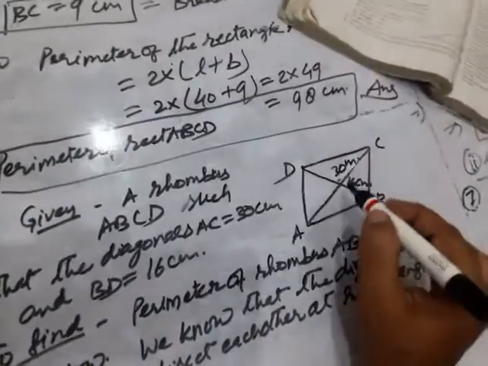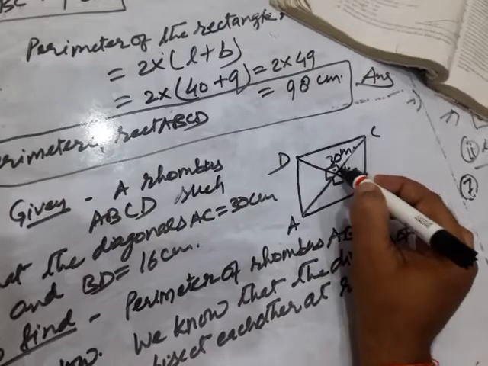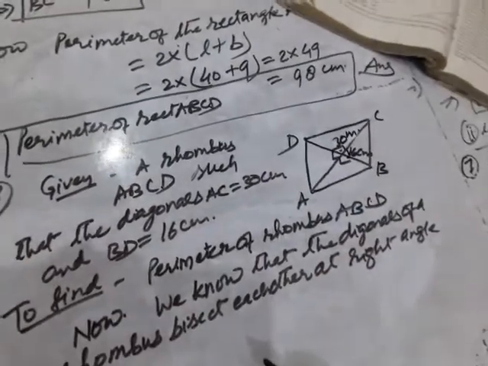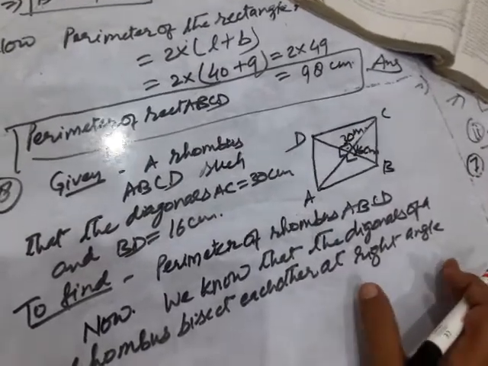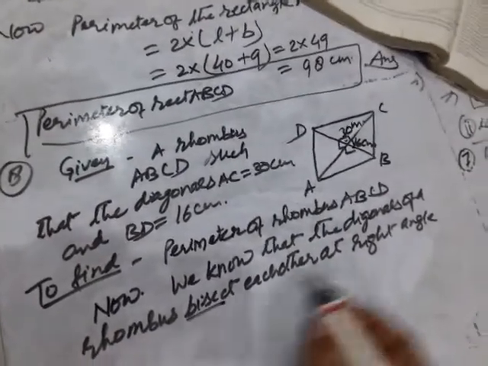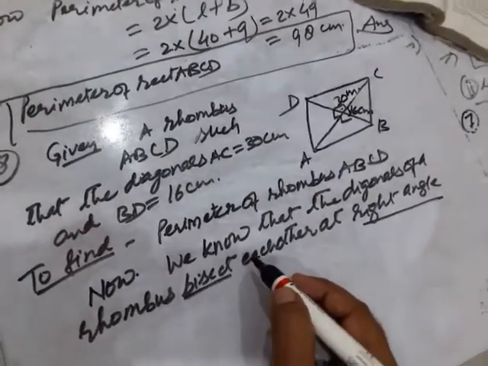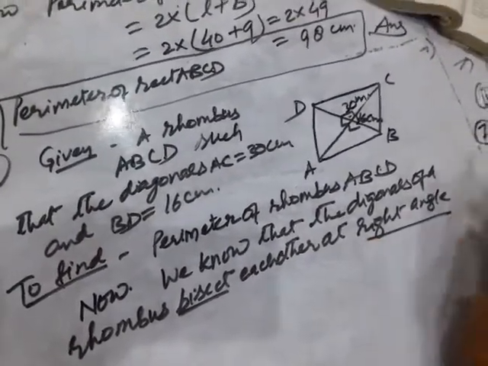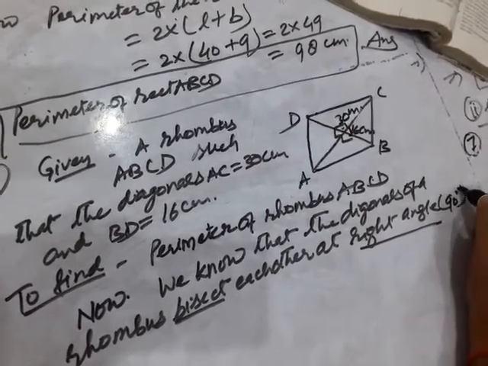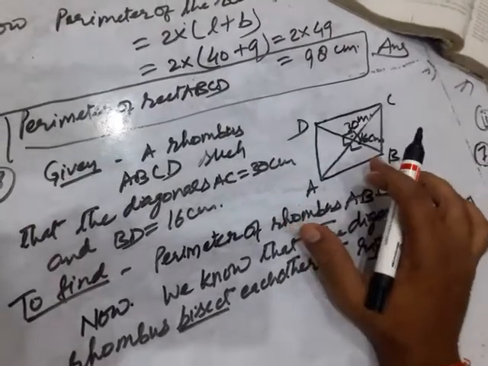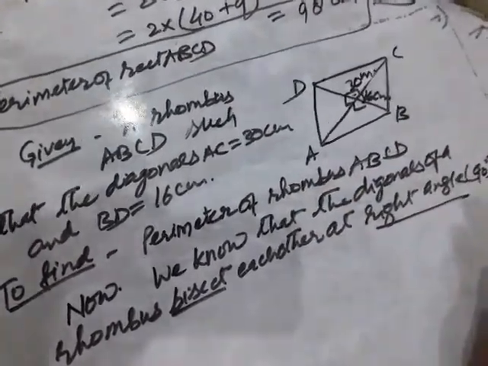What does it mean? It means that this is 90 degree, this is 90 degree, this is 90 degree, and this is 90 degree. Bisect and right angle, two things are there. Bisect means to divide into two equal parts. The right angle means 90 degree. When a 90 degree angle is made, then the triangle is a right angle triangle, and then we can use the Pythagoras property.